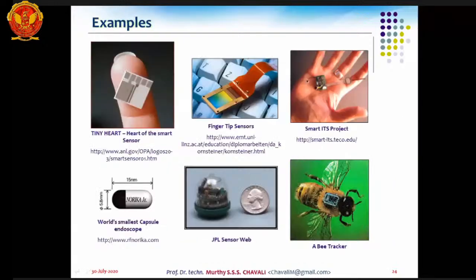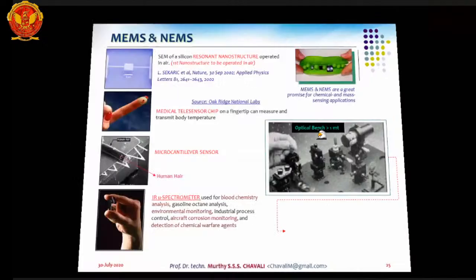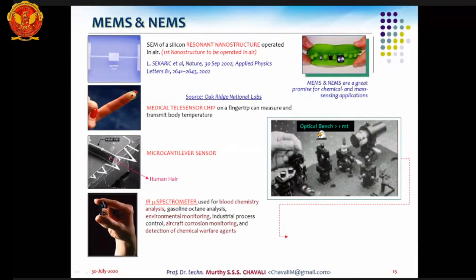And as some examples of miniature devices, you can see the smallest capsule for endoscopy. You can see the Jet Propulsion Laboratory sensor, which is almost the size of a dime. And you can also see the smart IT sensor, which is on the palm. So these are the simple miniature devices which inspired us when talking to these people.